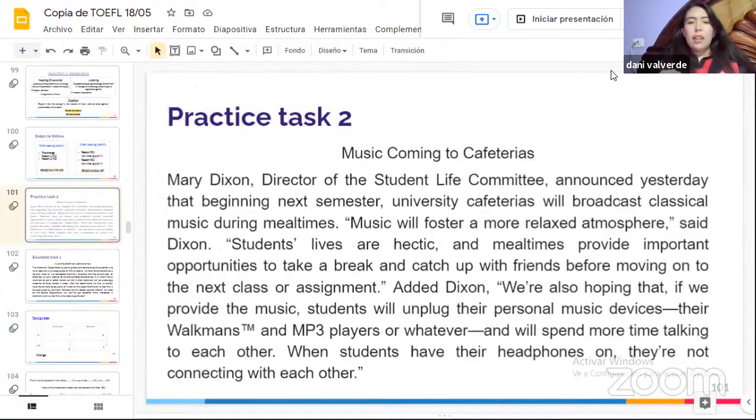Students' lives are hectic, and mealtimes provide important opportunities to take a break and catch up with friends before moving on to the next class or assignment, added Dixon. We're also hoping that if we provide the music, students will unplug their personal music devices, their Walkmans and MP3 players, or whatever, and will spend more time talking to each other. When students have their headphones on, they are not connecting with each other.